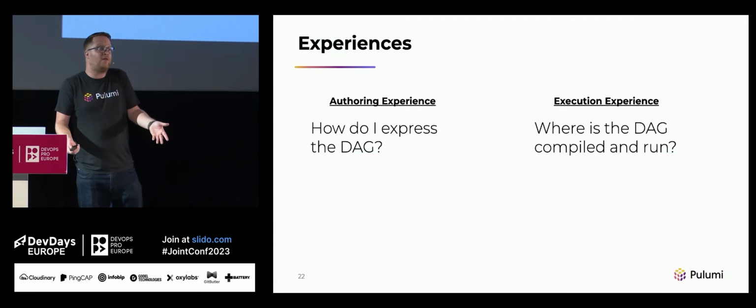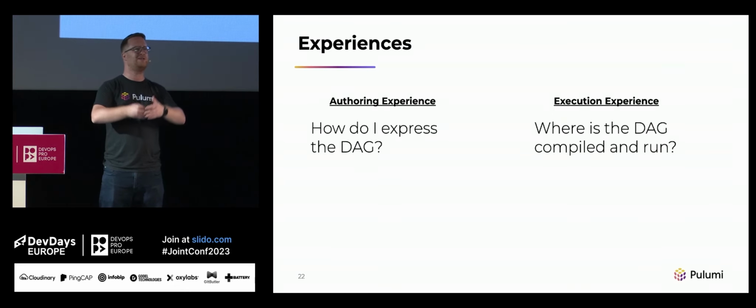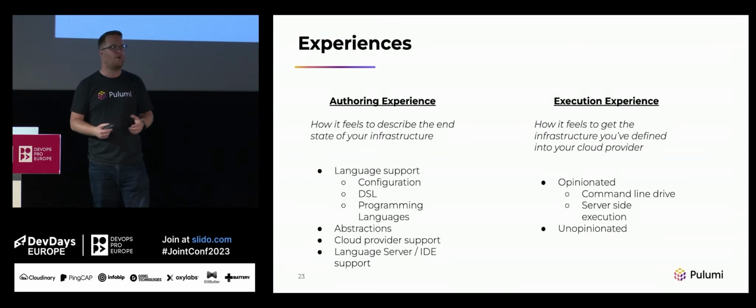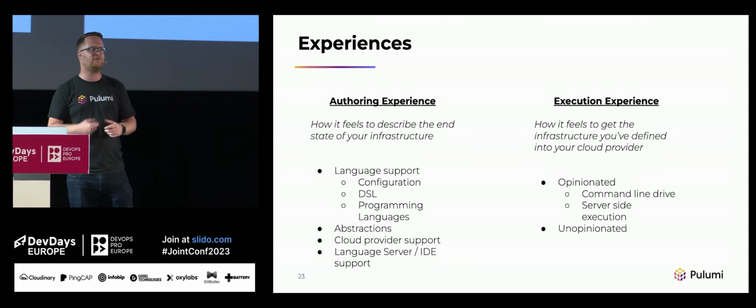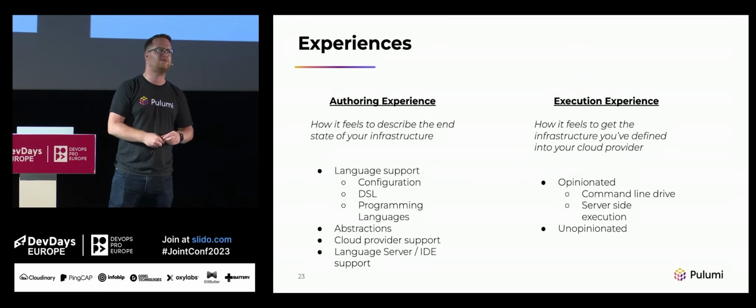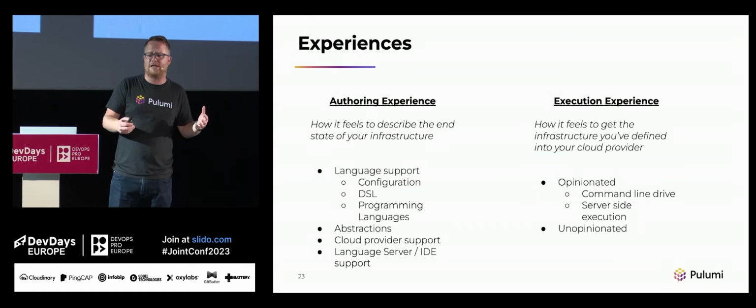And you can really boil that down into how do I express this graph that I want to build, and then how do I actually create and run this graph? Or you can really break it into a lot more granular things. So you could say, what kind of language do I want to use? How abstracted do I want that to be from my end user? Which cloud providers do I actually want to support in this authoring experience?